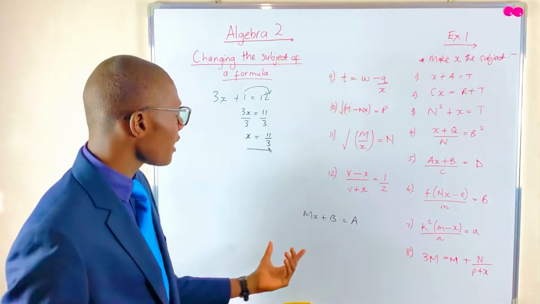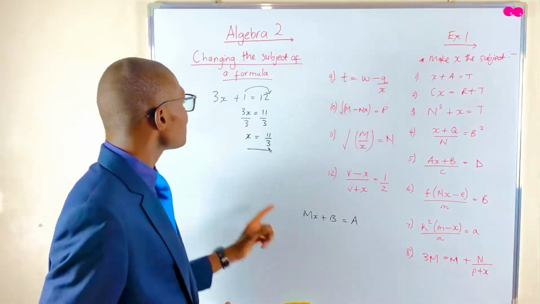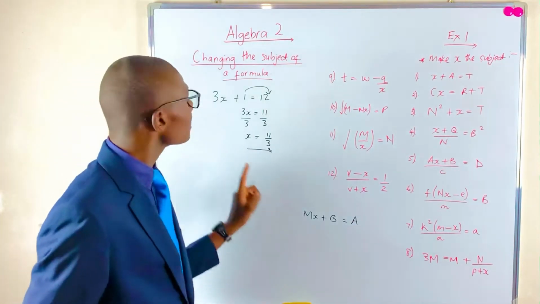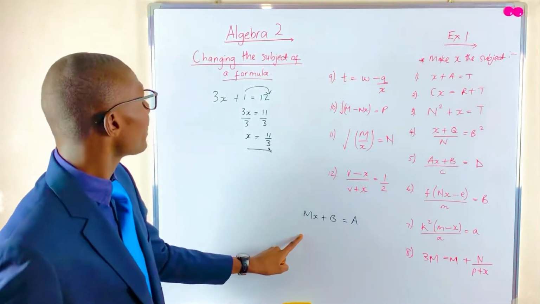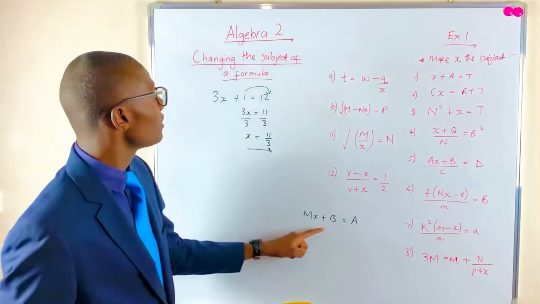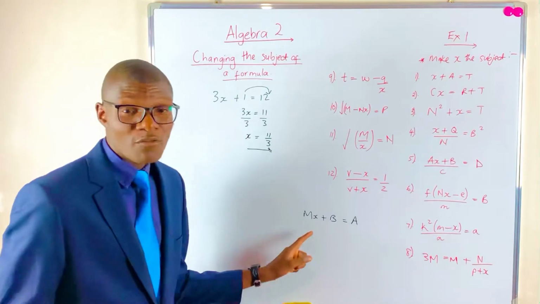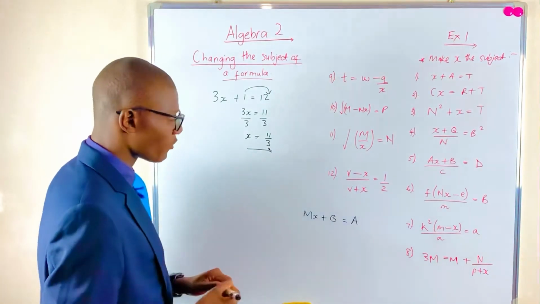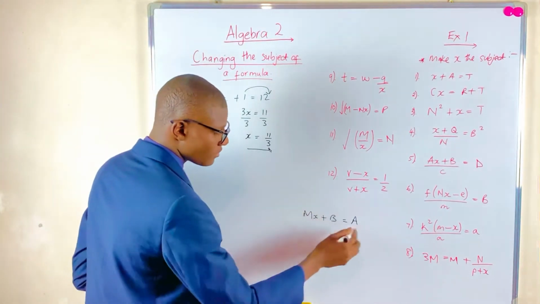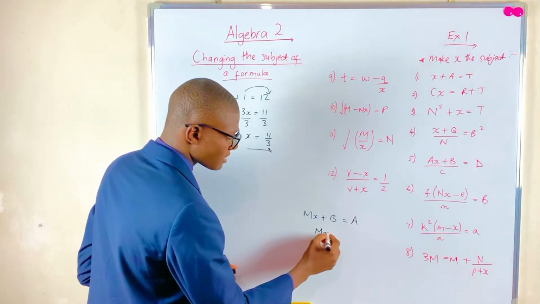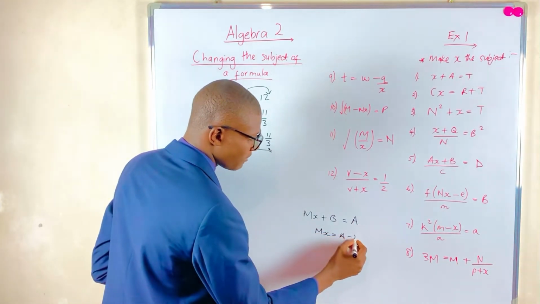So now let's take this example. Let 3 be m, and b be 1, then a would be 12. Solving for x the exact same way, we take b to the other side, such that mx would be a minus b.